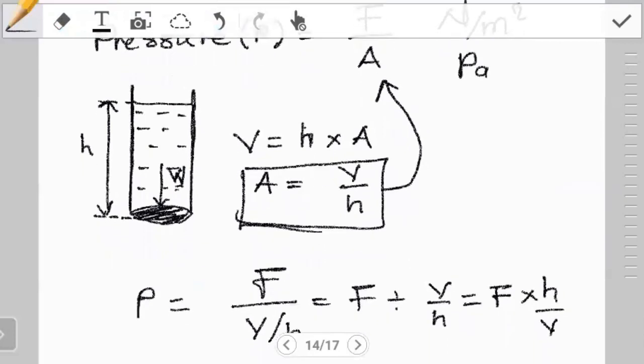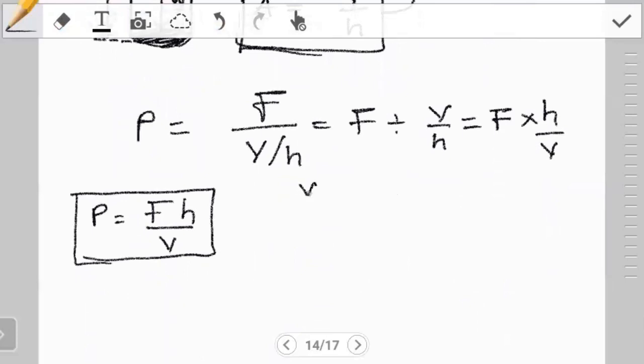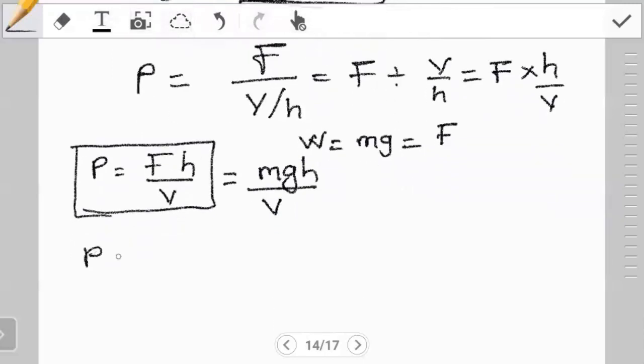Recall that the weight of a substance is given by the mass of that substance multiplied by gravity. So where we have force, we substitute the weight. This becomes mgh over the volume. So our pressure is given by mgh over the volume.